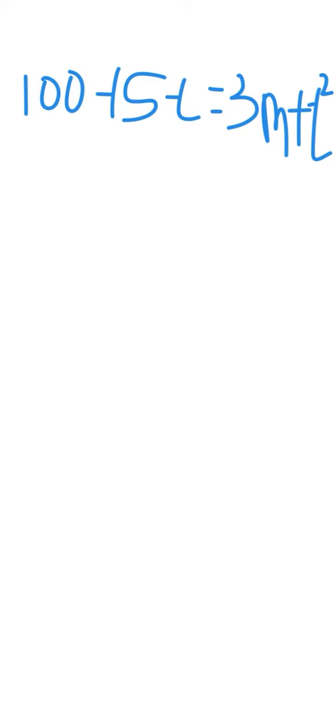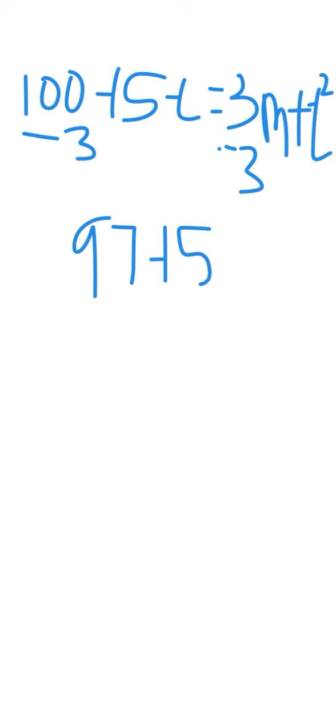And now what you need to do is solve. So you subtract 3 from both sides, and you will get 97 plus 5t equals t squared.